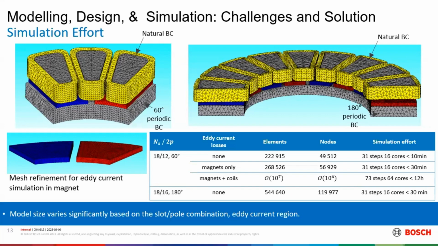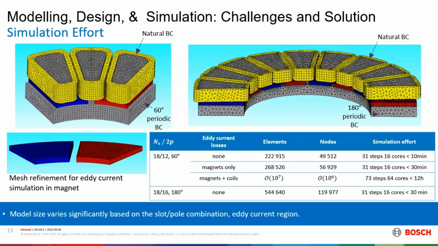The biggest problem arises when you want to also simulate the eddy current within the coils. The element count is in the order of 10 million, and the simulation takes 12 hours for 73 steps on a 64-core high performance computer system.